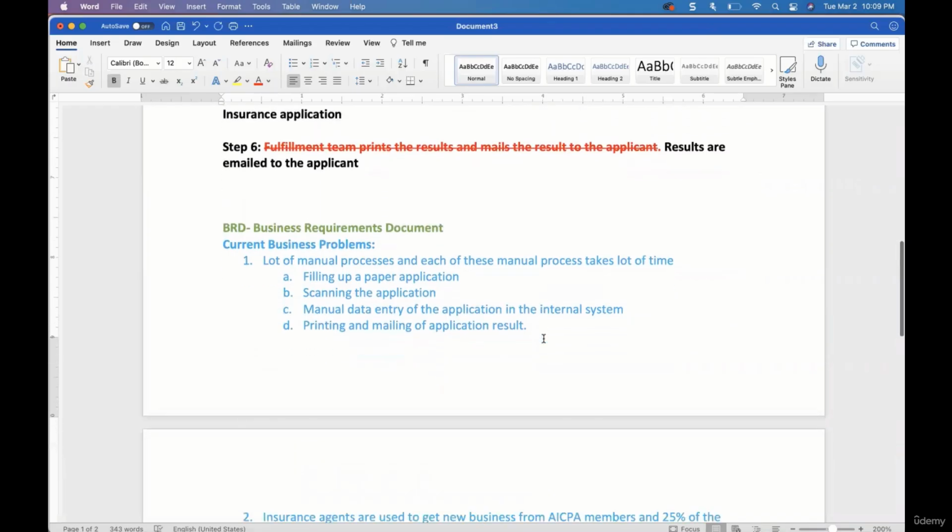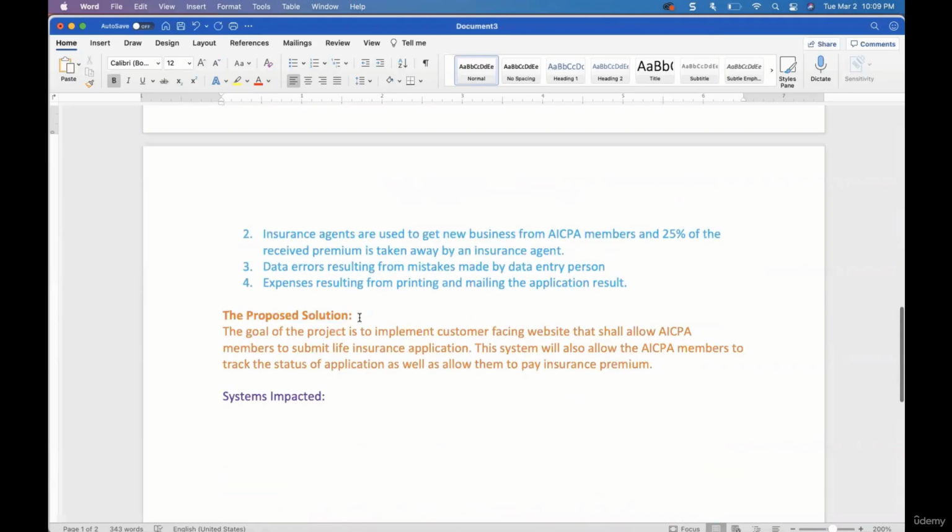So coming back to the BRD, we understand the current business problem, we understand the proposed solution. So what are the systems impacted? Oh, so the one we replaced, is it like filling out the online application instead of the paper? So the first is the external customer facing website. What kind of a project is this?